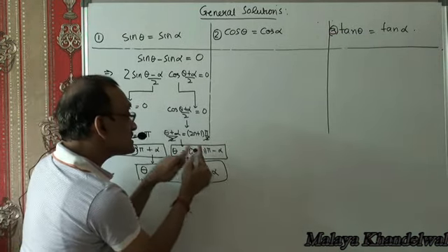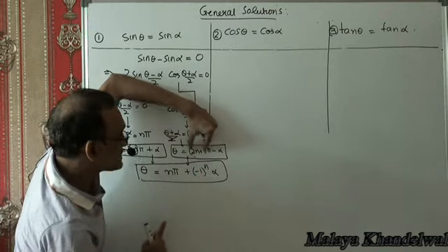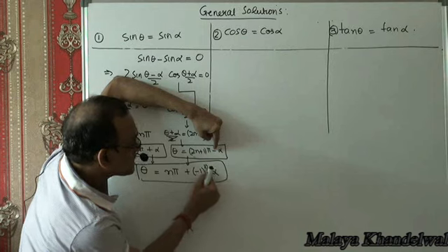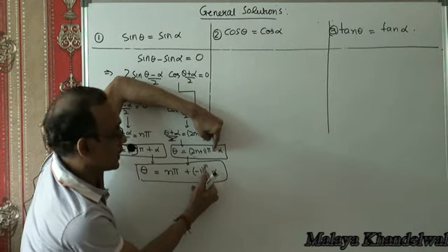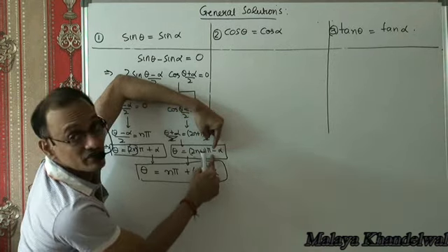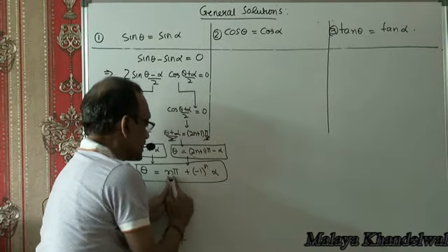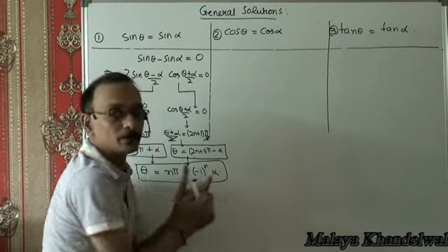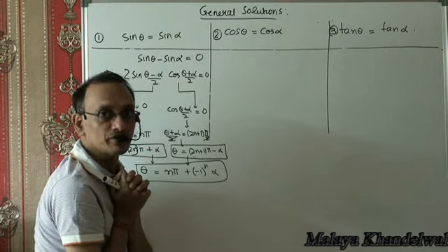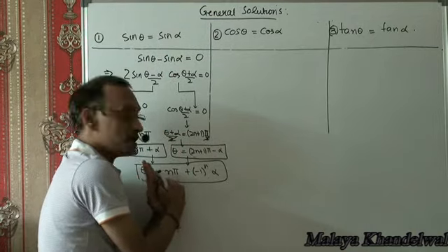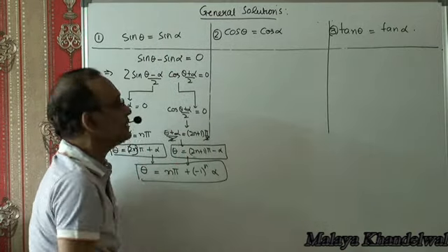What about this case? When n is odd, then odd multiple of pi, and minus 1 to power n will become minus 1. So if I combine these two cases together, I get one single case, theta equal to n pi plus minus 1 to power n alpha. Yes or no? So the generalized solution for sine theta equal to sine alpha is theta equal to n pi plus minus 1 to power n alpha.